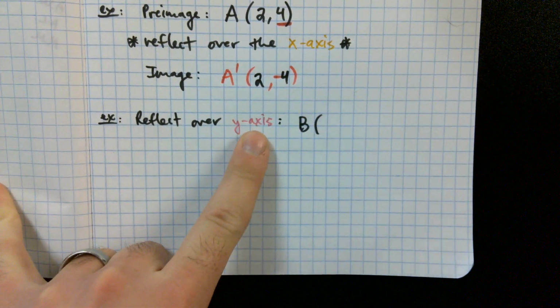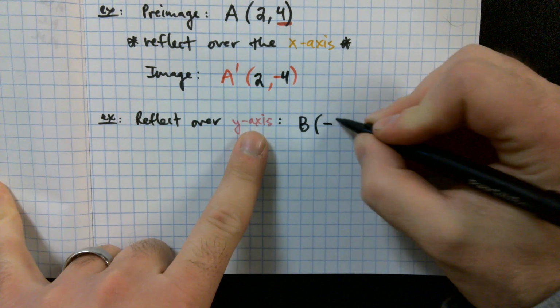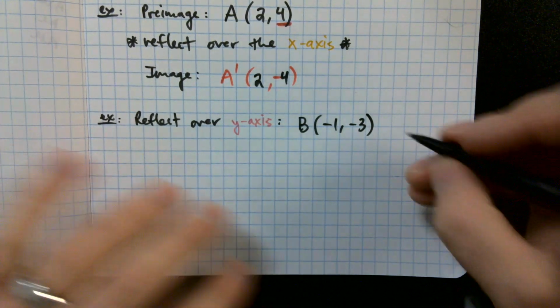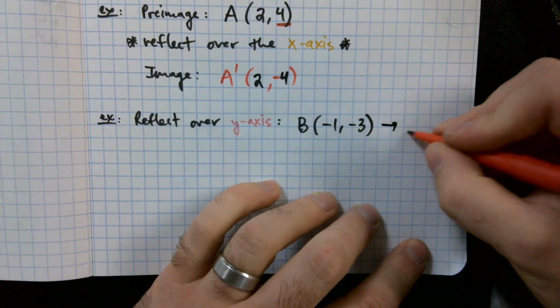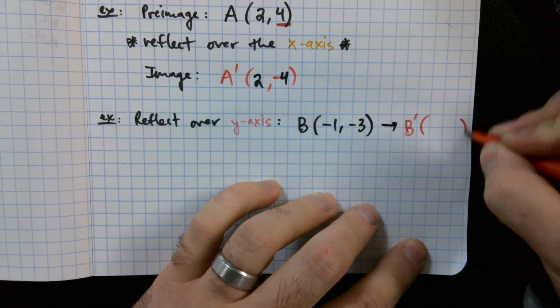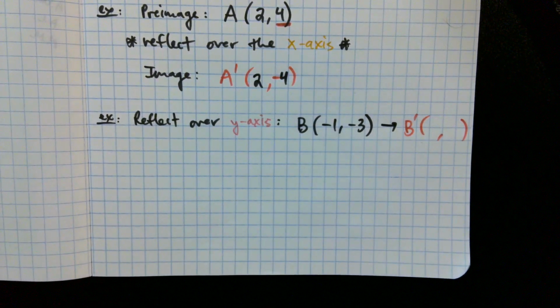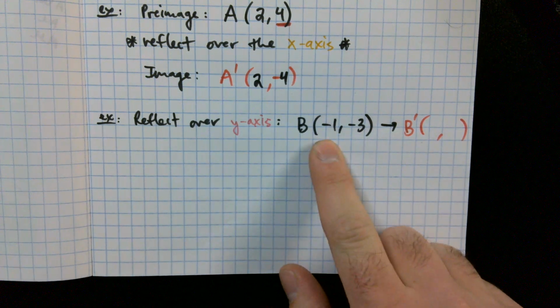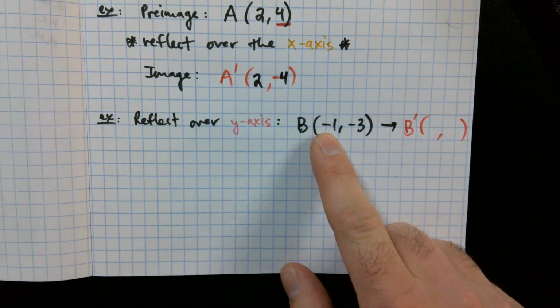If I were to reflect over the y-axis, let's say point B is at (-1, -3). Okay, if point B is at (-1, -3), and I'm reflecting over the y-axis, which coordinate am I changing the sign of? My x or my y? The x. Well, what's the inverse of -1?